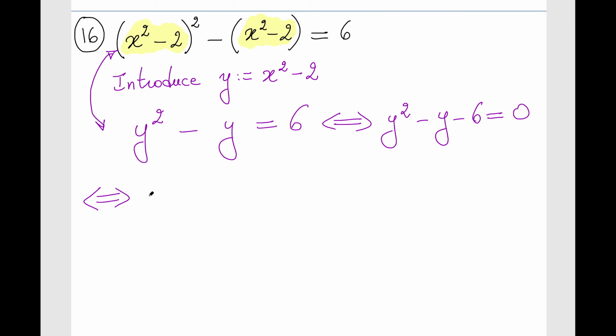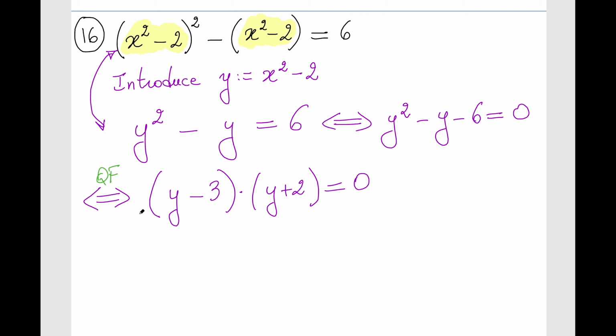If you don't see the factored form of this, how about using the full power of the quadratic formula and get y minus 3 times y plus 2 equals 0. You can check. y times y is y squared, plus 2y minus 3y, I'm FOILing mentally in some sense. So y squared plus 2y minus 3y is minus y, minus 6 equals 0.